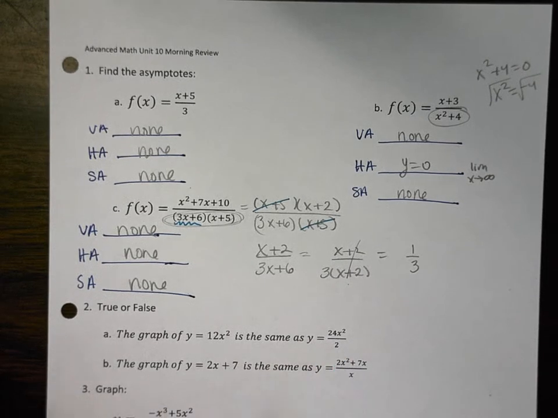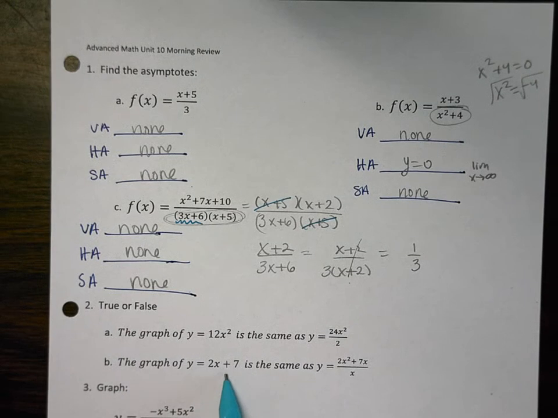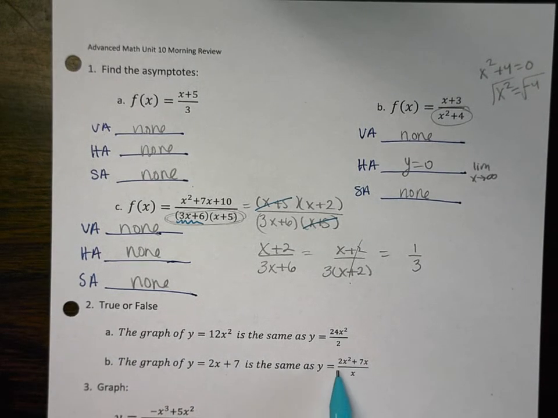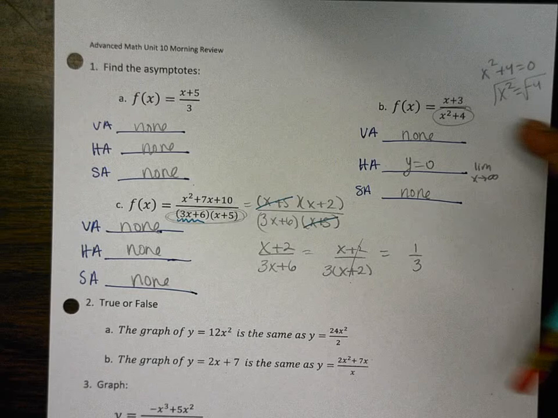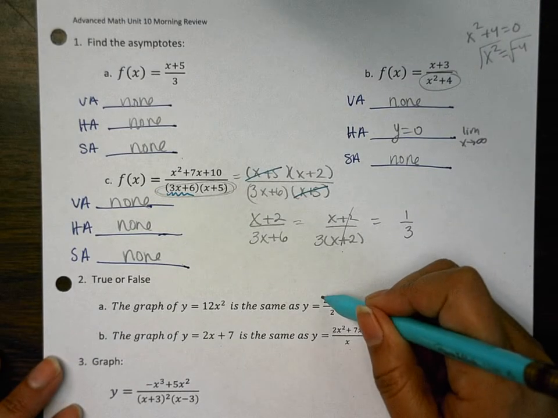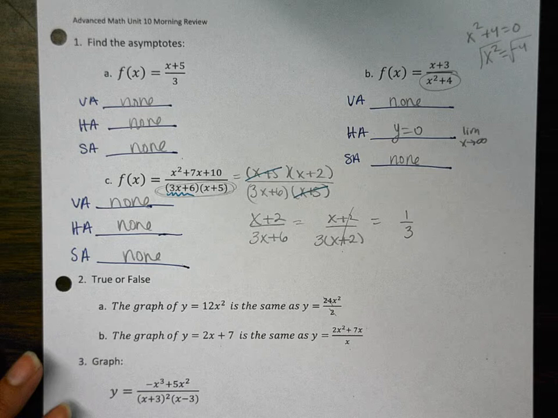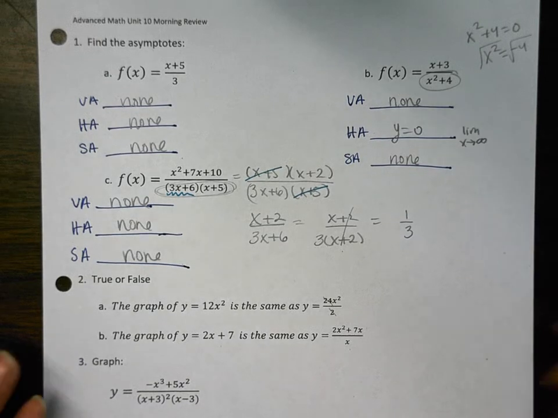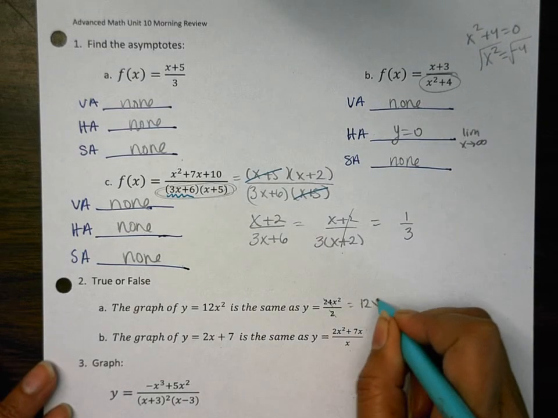All right. True or false? The graph of y is the same as y equals 24x squared over 2. And then let's look at the next one before we answer part A. The graph of y equals 2x plus 7 is the same as y equals 2x squared plus 7x over 7. Okay. On the first one, do you agree I can reduce the 24 and the 2?